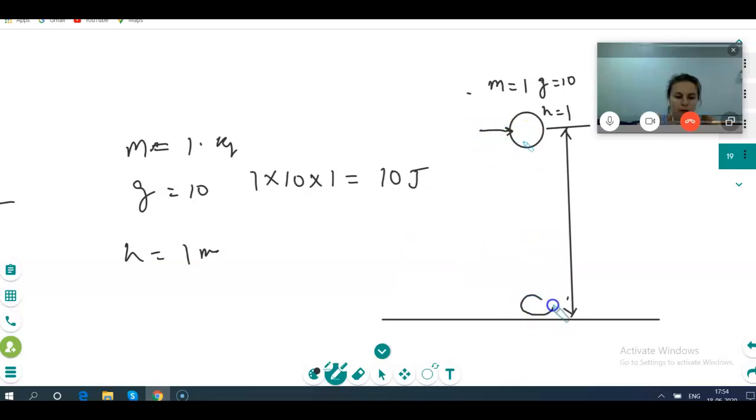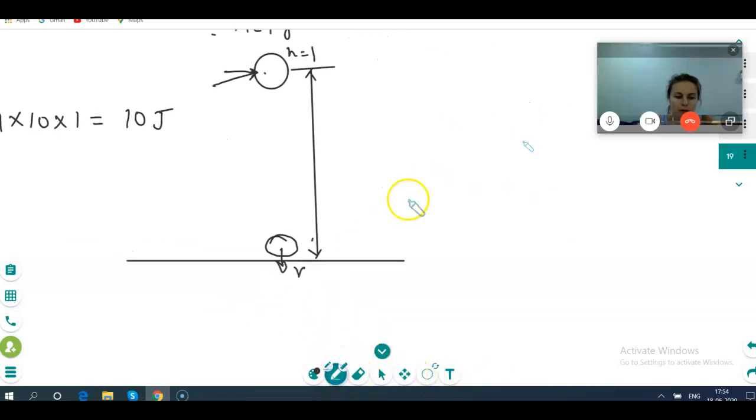So what happened here? It gets some velocity v or not? It means whatever potential energy was there, the same is converted into what? Into kinetic energy at the bottom. How much kinetic energy? Half.